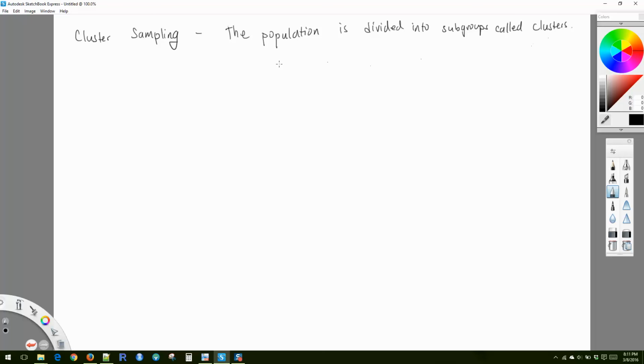Clusters, okay? Generally there will be many clusters, and the clusters need not be homogeneous or uniform.